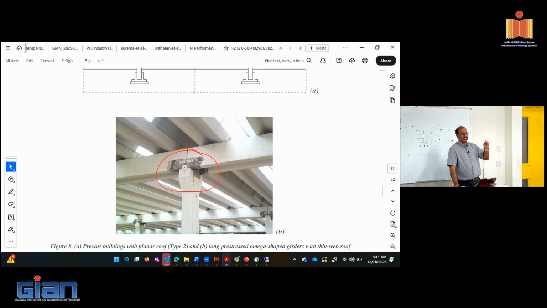But if you make the connection weaker, that connection should also have ductility or toughness. Otherwise, you're going to lose this connection. When you lose the connection, you will lose the system pretty quickly. So that's basically what we keep seeing in the earthquake world when these connections were brought into the seismic design for precast structures.